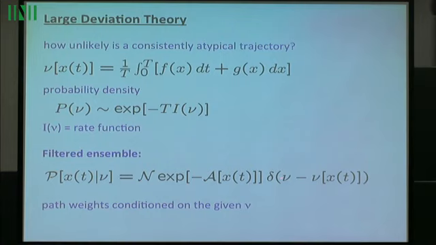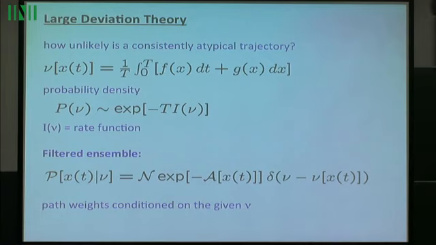So this is a set of path weights which are conditioned on the desired property nu, and the delta function there is obviously a filter, and evaluating things with that set of weights with the conditional average is generally not an easy thing to do.